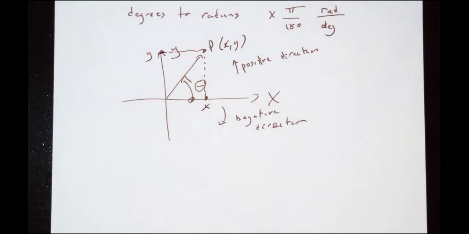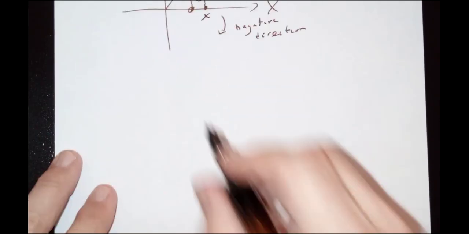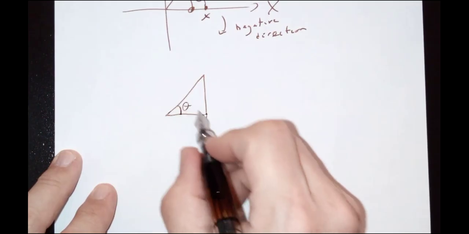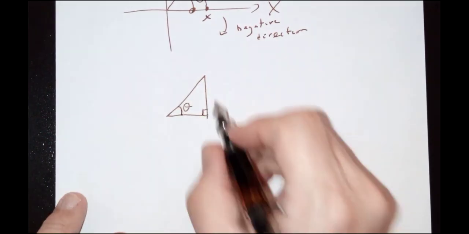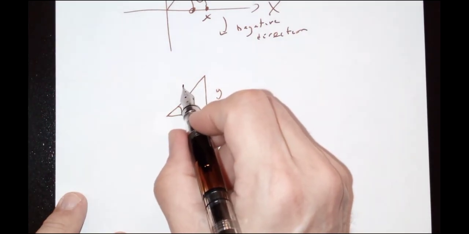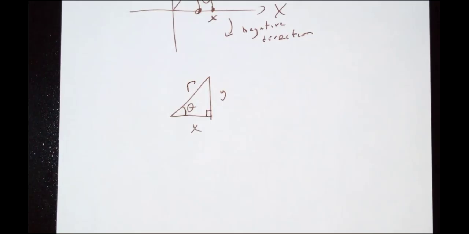That's what those coordinates mean. So I can think of this angle and the point on it as creating a right triangle whose sides are X, Y, and R.